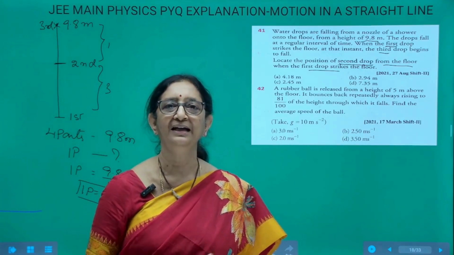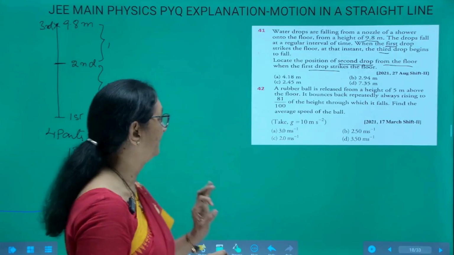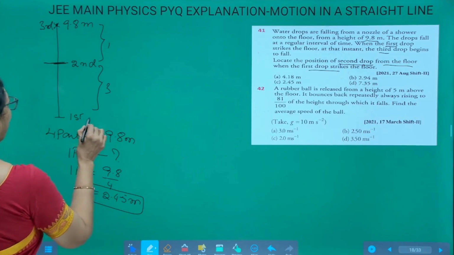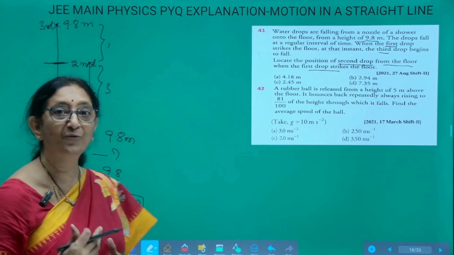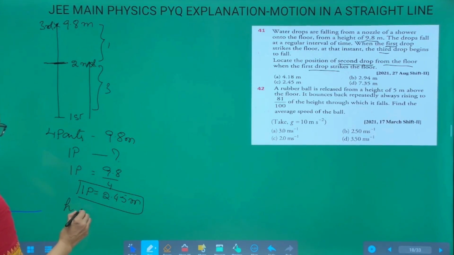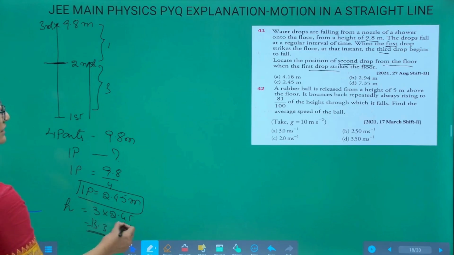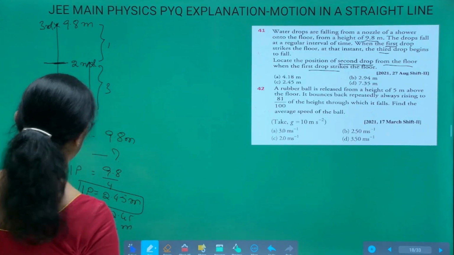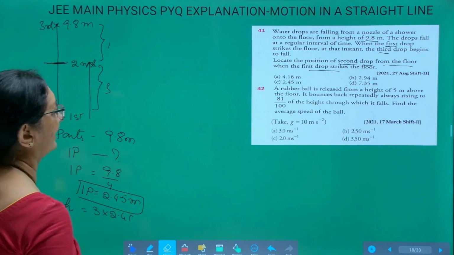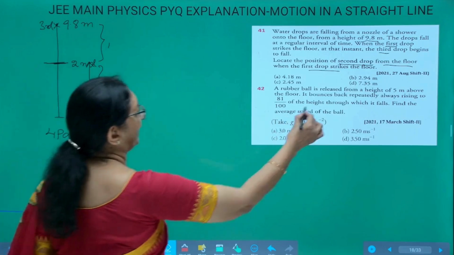If that is in your hand, you can do anything asked on that question. Here the question is, what is the height of the second drop from the ground? The height of the second drop from the ground is how many parts? It is 3 parts. So the height of the second drop from the ground is 3 into 2.45. 3 fives are 15, so the answer is 7.35 meters.